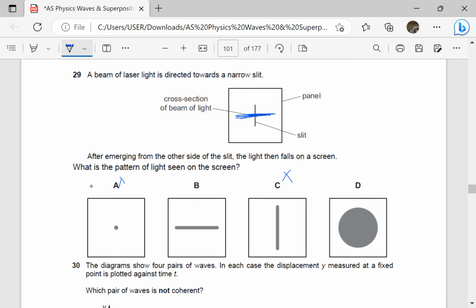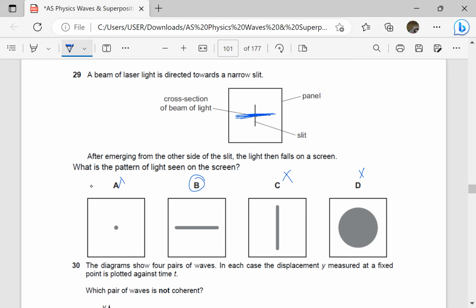Then D is showing that diffraction is occurring in all directions around the slit, which is not possible. Therefore, the answer is going to be B. B is showing that on both sides, on the left and on the right of the slit, the wave spreads into the regions of the geometrical shadow.